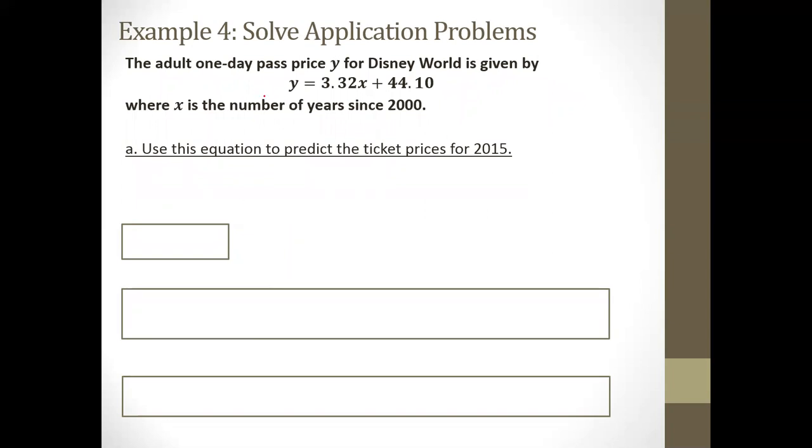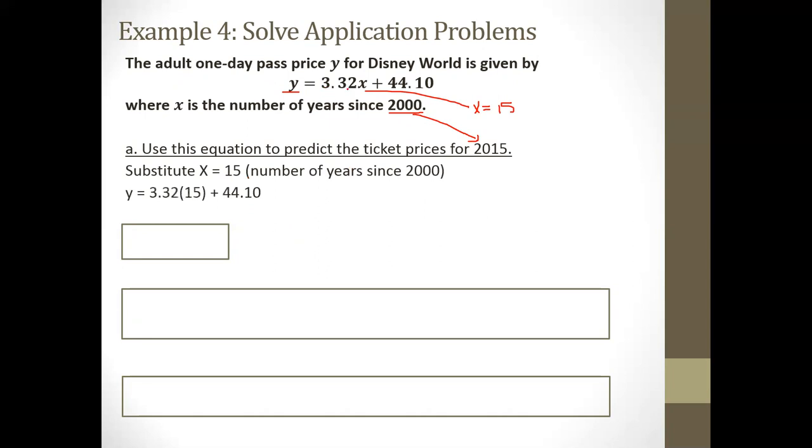So we're making a prediction for the adult price in the year 2015, which will be 15 years after 2000, right? So x, remember, is the number of years since 2000. That means for x, we're substituting 15. We'll substitute 15 for x into the equation and get y equals 3.32 times 15 plus 44.10.